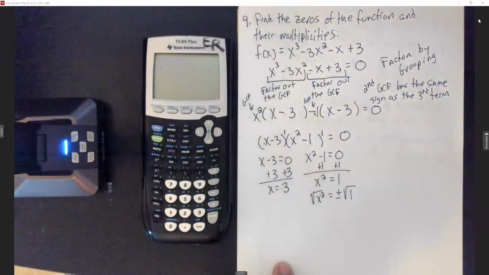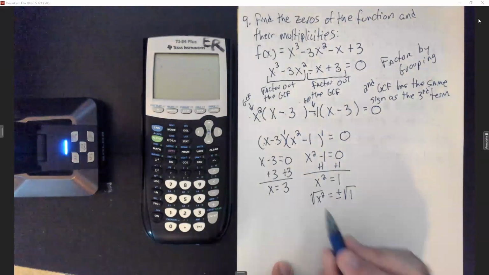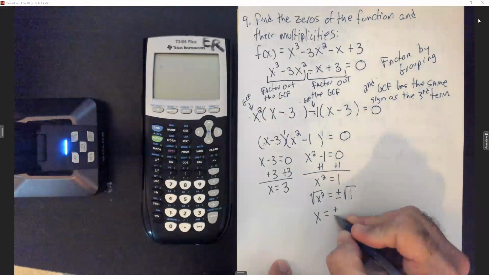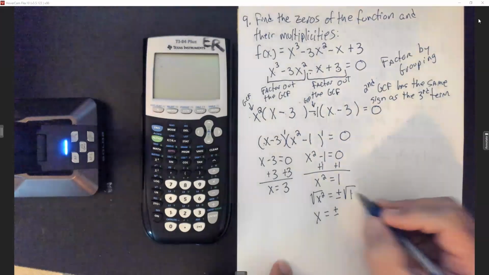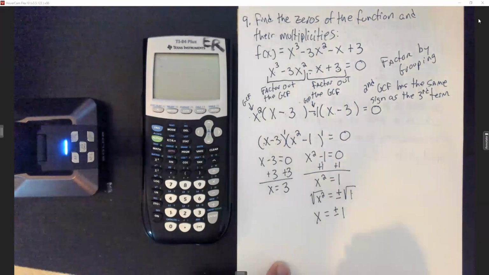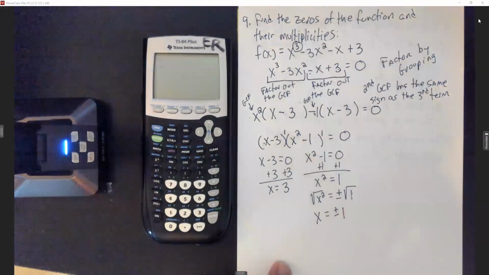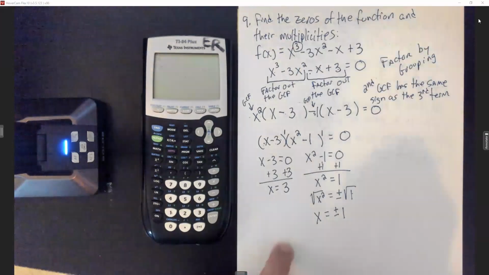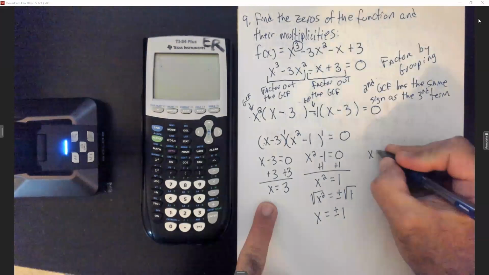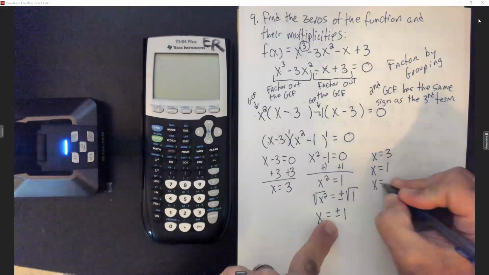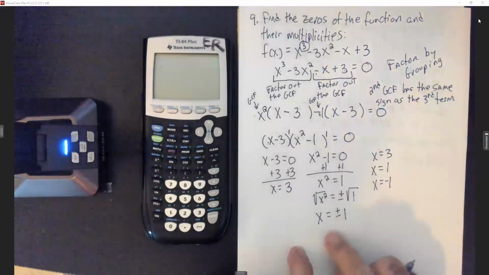All right, here we go. Square root of x squared is x. That's going to equal a plus or minus square root of 1, which is 1. Now notice, let me show you a trick. Since the biggest exponent here was a 3, that means I've got to get 3 zeros. So here we go. x equals 3 is a 0, x equals 1 is a 0, and x equals negative 1 is a 0.